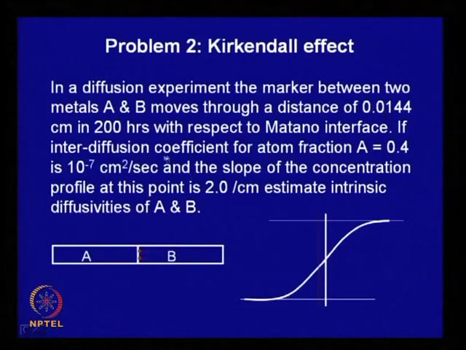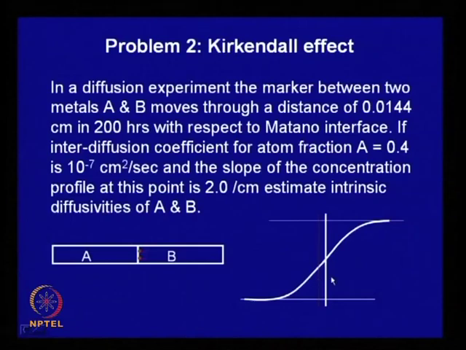Now, the interdiffusion coefficient for atom fraction A equal to 0.4, that is, at a particular point, say this is the concentration line, say atom fraction 0.4 somewhere here, let us say.